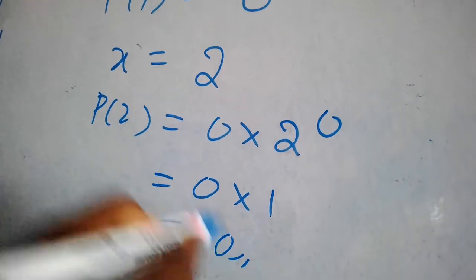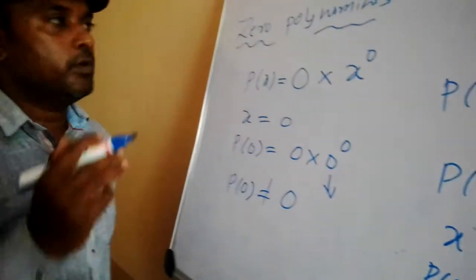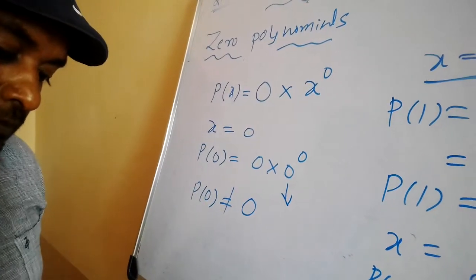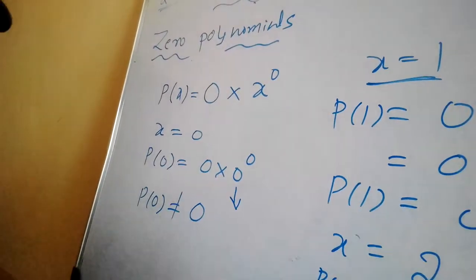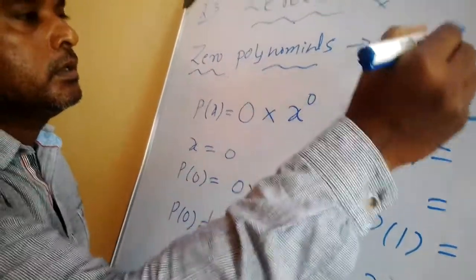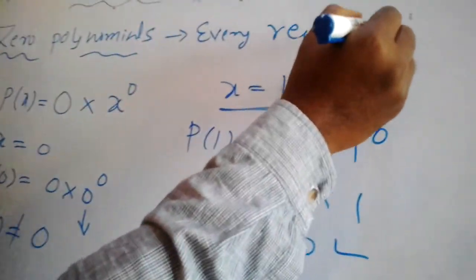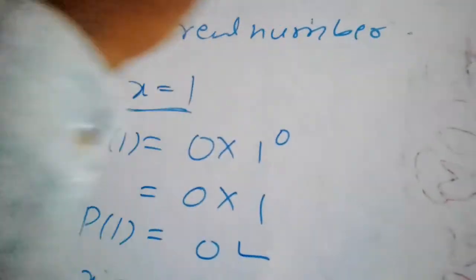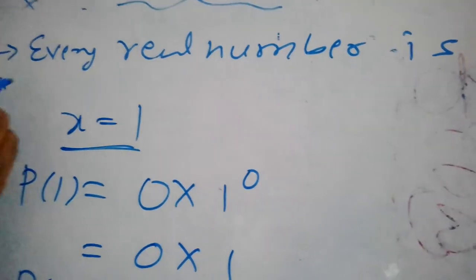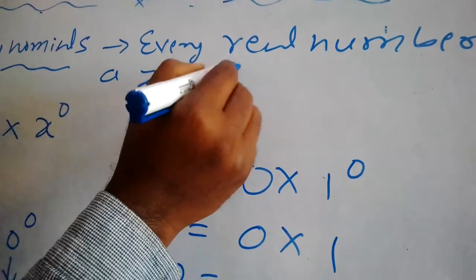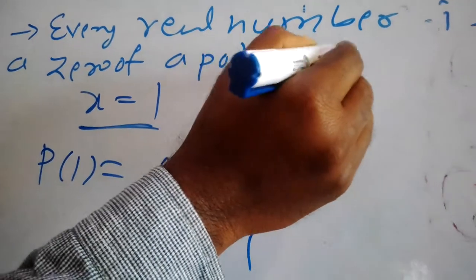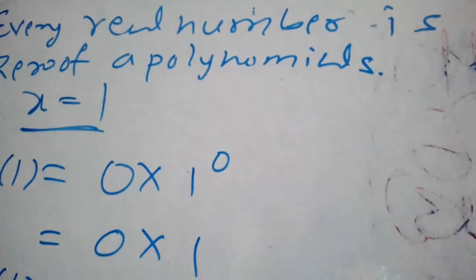Here also we are getting 0. So finally what we decided here is that zeros of the polynomial exist, that is, every real number except 0 is a zero of the polynomial.